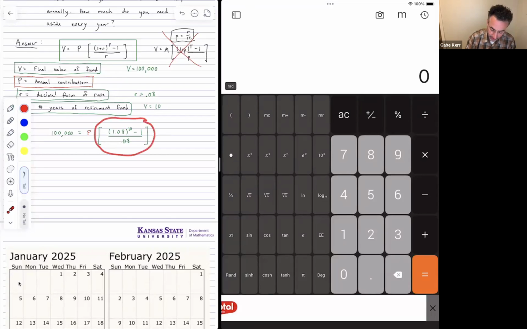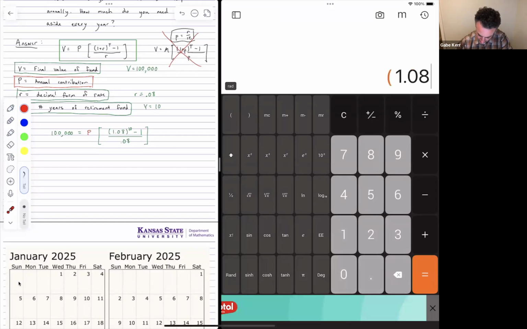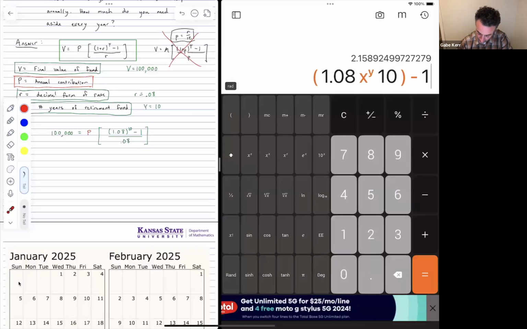How do I do that? I'm going to use some parentheses. I'll put 1.08, take that to the 10th power, and subtract 1.